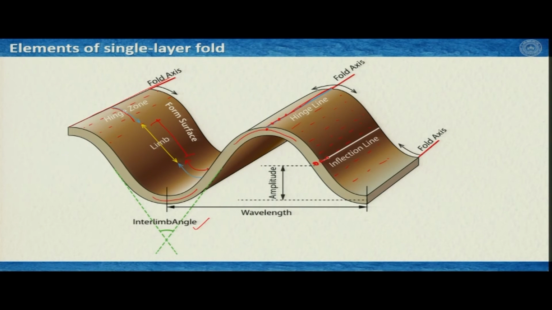Similarly to the hinge points, if you connect successive inflection points on this surface, then you get inflection lines. So, this is how you construct the 3D geometry of the fold. We learned fold axis, hinge line, inflection line, and we also have seen the interlimb angle. Two terminologies are written here, amplitude and wavelength. We will learn them in the next slide.